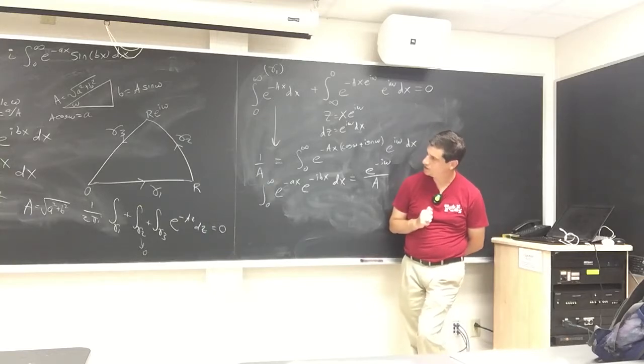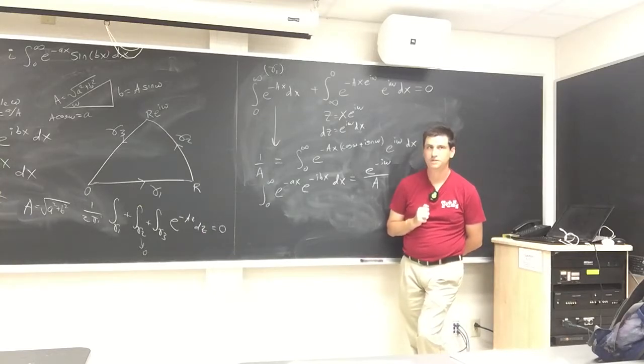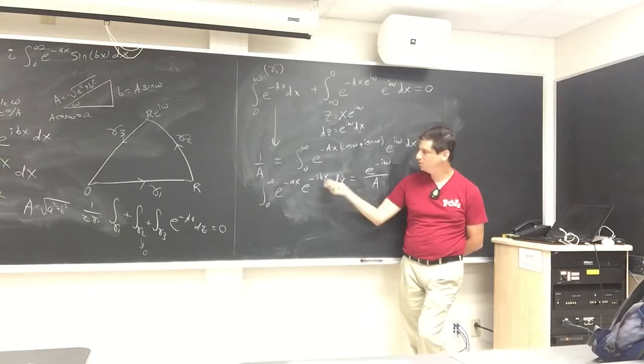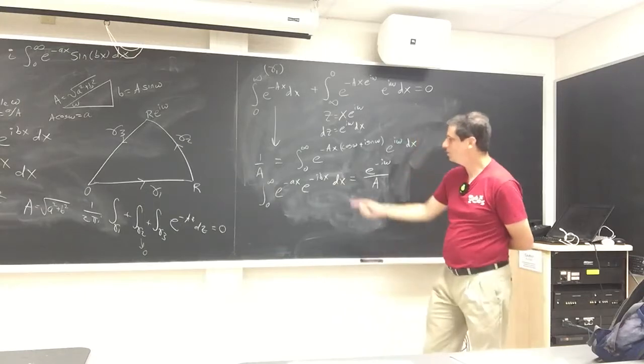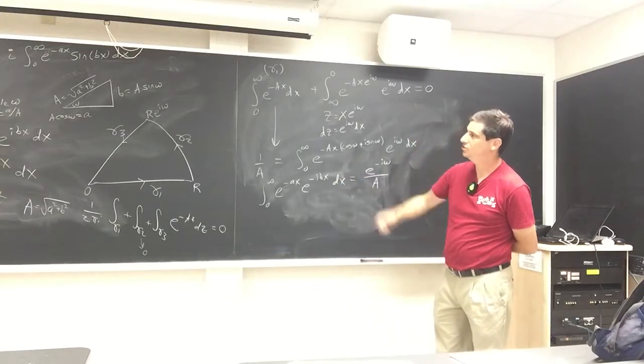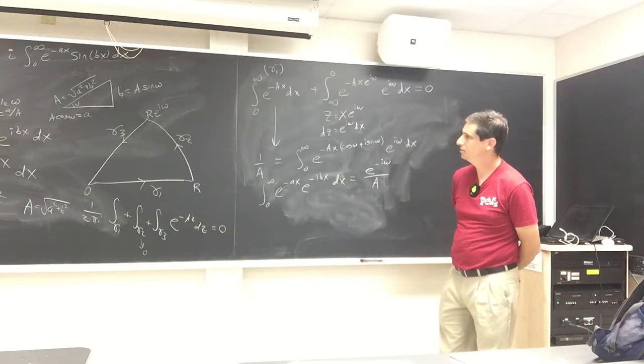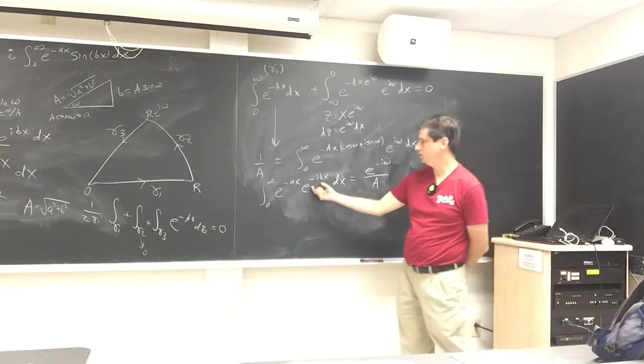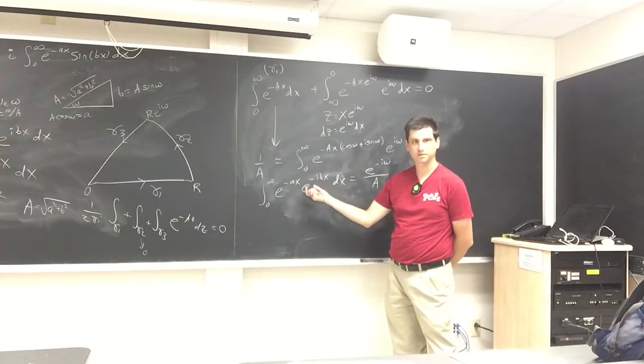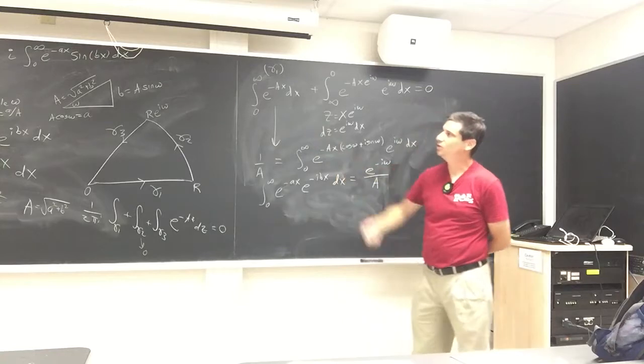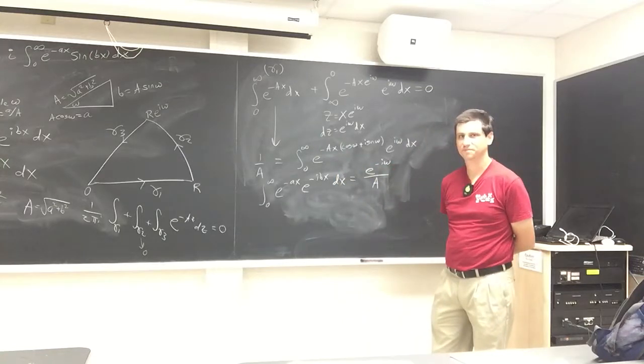Is that what we wanted to integrate? It's almost. The real part of this is just going to be what we want, because the real part will be a cosine. The imaginary part will have an extra negative sign. Not a big deal.